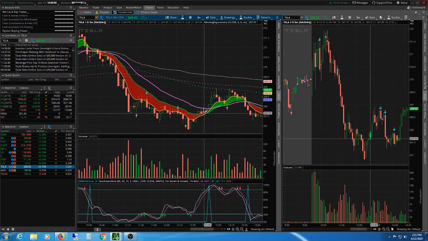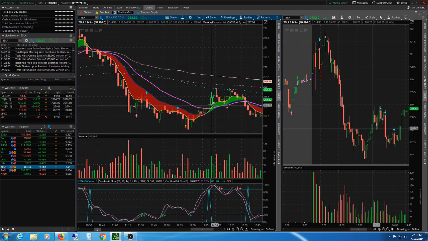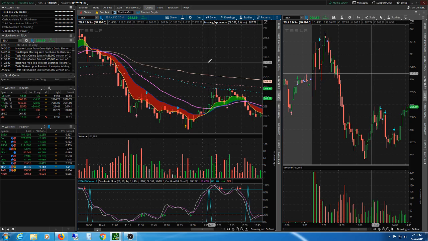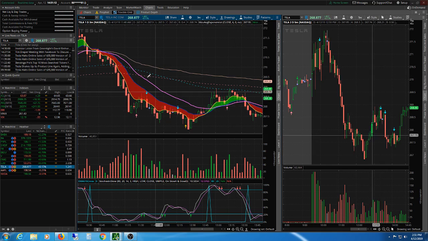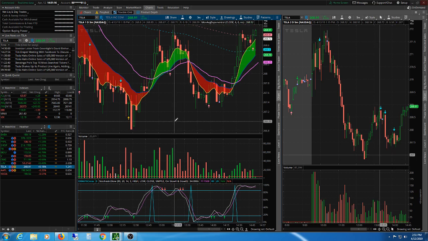And if you would have stuck with that, you would have stopped out right about here. So you could have ridden this down to 268 from a little over 270 to a little over 268. So you could have had a $2 fall there, and that would have been a pretty nice win.